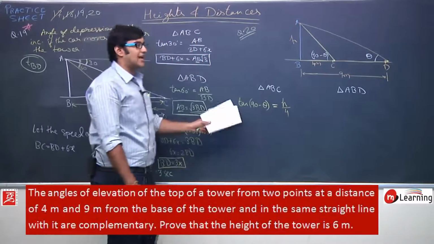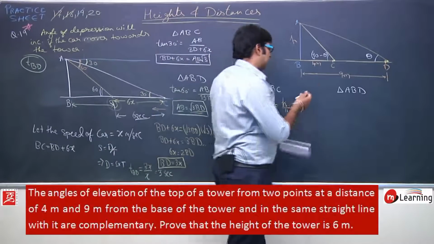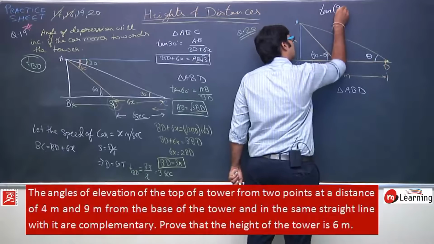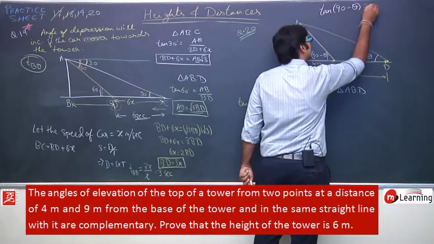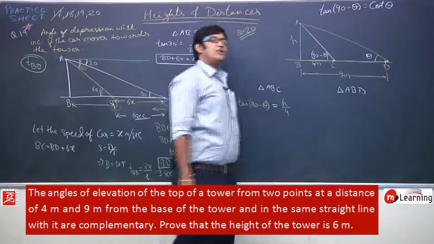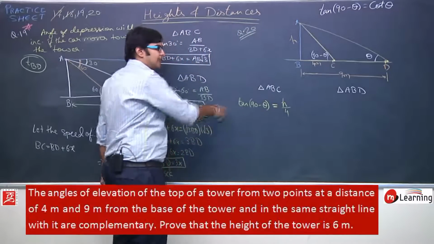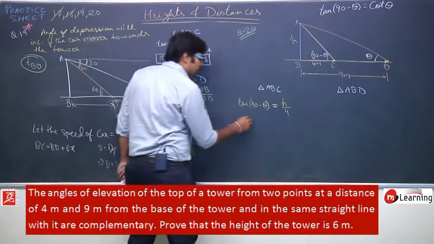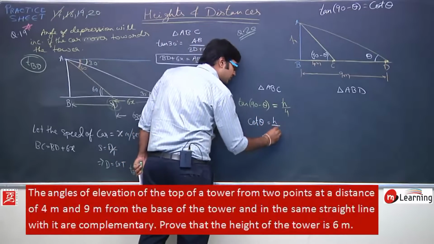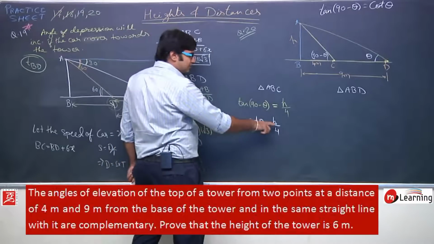Now, what is tan 90 minus theta? You have studied in trigonometry that tan of 90 minus theta is equal to cot theta. So in place of tan 90 minus theta, I can write cot theta is equal to h upon 4.